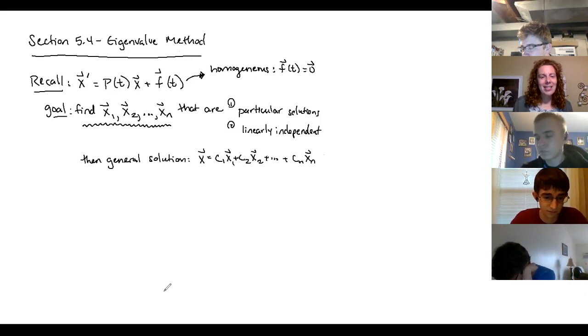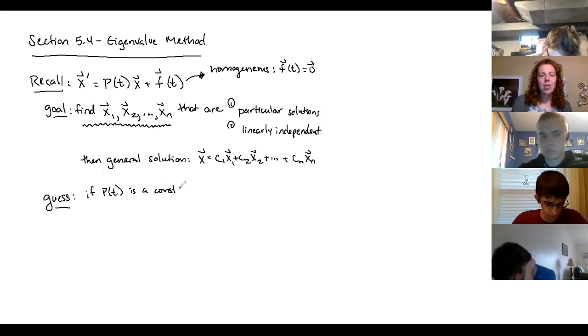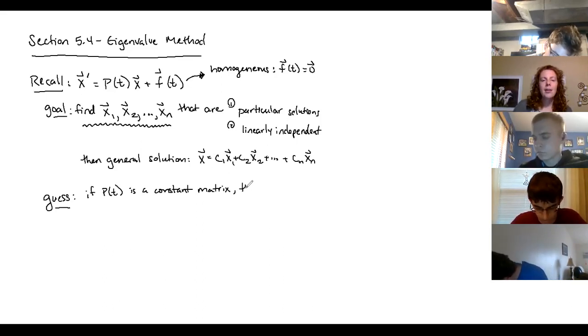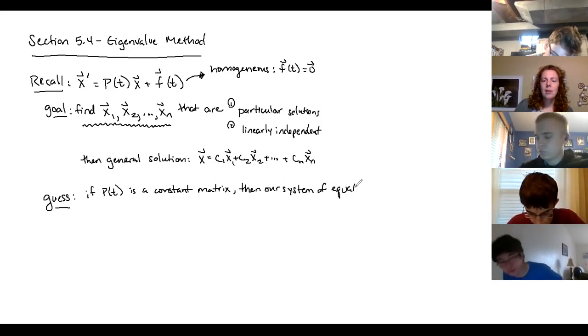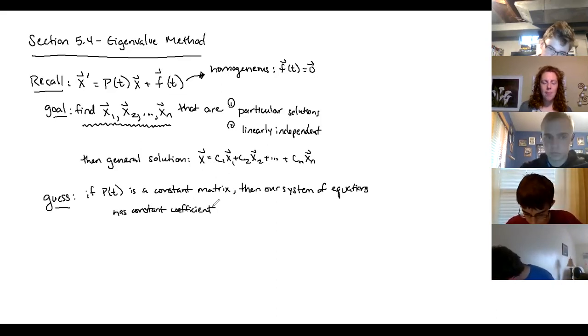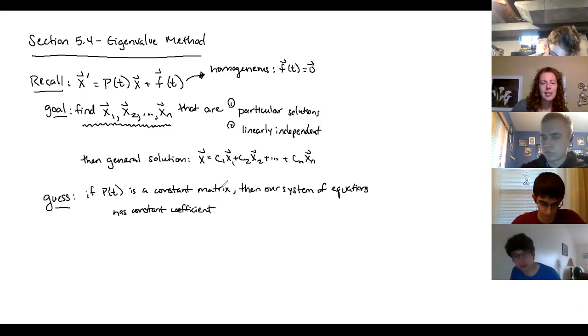All right, our guess, because this worked really well when we were doing this previously, is that if P of t is a constant matrix, in other words if it just has scalars and doesn't have functions, then our system of equations has constant coefficients.